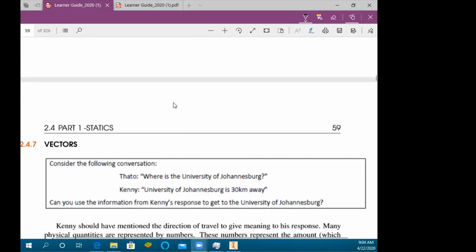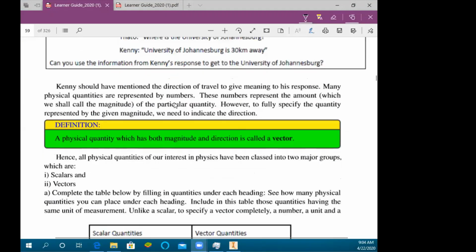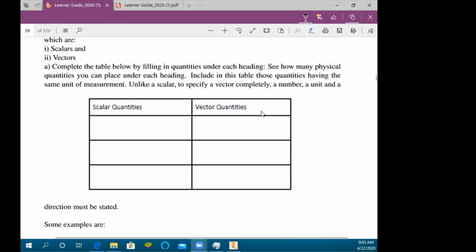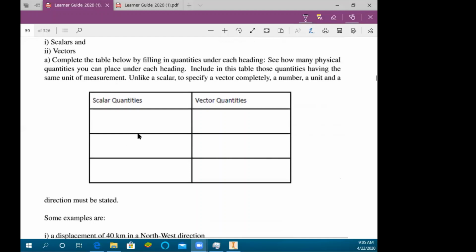Let's continue. We define the scalar. Let's define a vector. Scalar is what? Magnitude only. A physical quantity which has both magnitude and direction is called a vector, right? So let's list some examples here of scalar quantities and vector quantities. Let me just unmute a few.